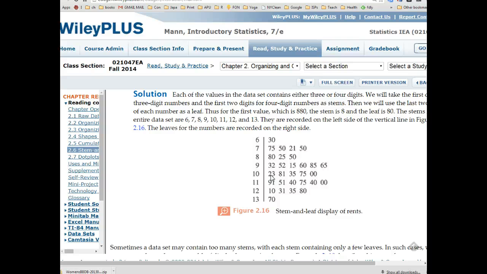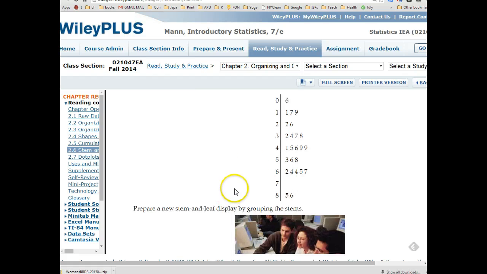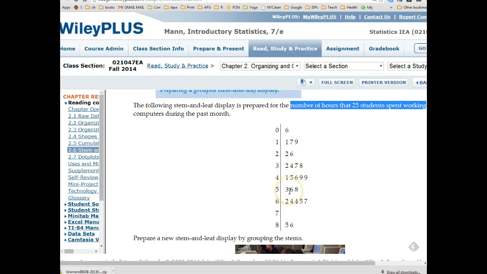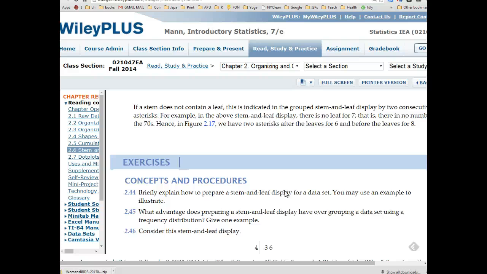Right? Okay? So that's that. What's this one? Number of hours that 25 students spent working on their computers. Okay? So, when we look at it this way, we get a feeling for the data. Okay? That's the point of doing it. It's so that you can understand what is just a bunch of messy numbers.